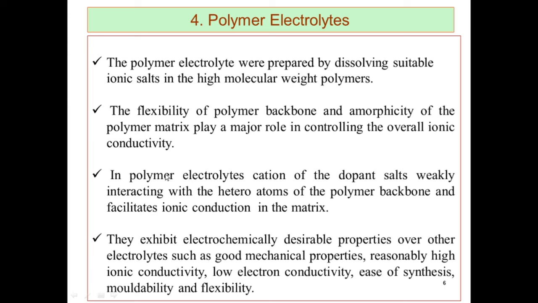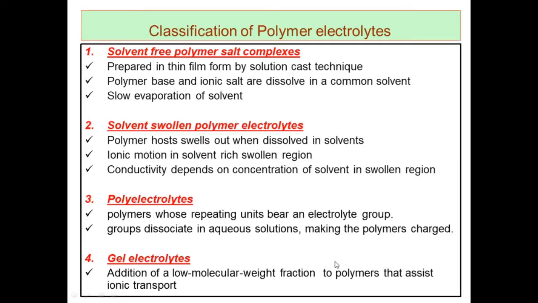Generally, in the polymer electrolyte, the cation of the dopant salt weakly interacts with the heteroatom of the polymer backbone and facilitates high ionic conduction in the matrix. They exhibit desirable electrochemical properties over other electrolytes, such as good mechanical property, reasonably high ionic conductivity, low electronic conductivity, and ion mobility in different phases.